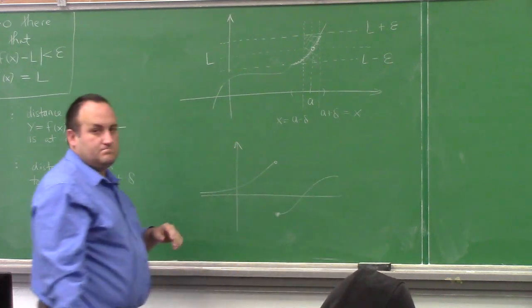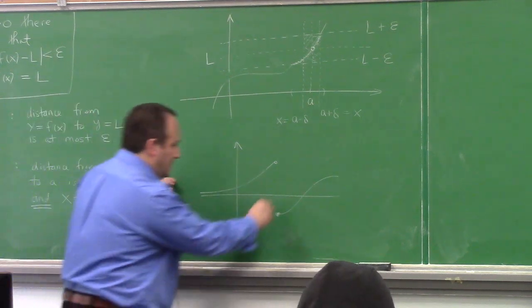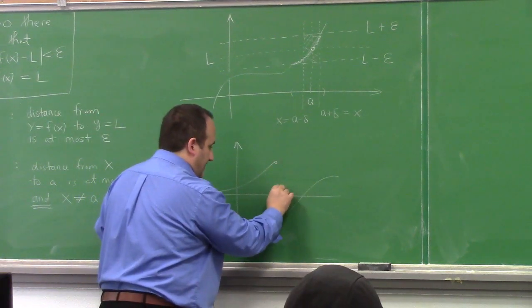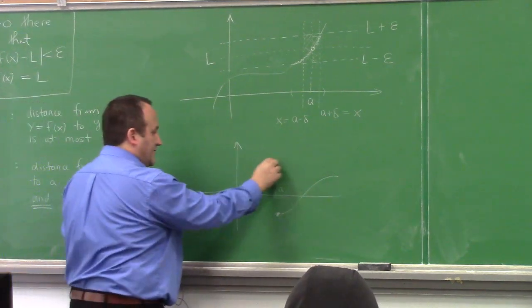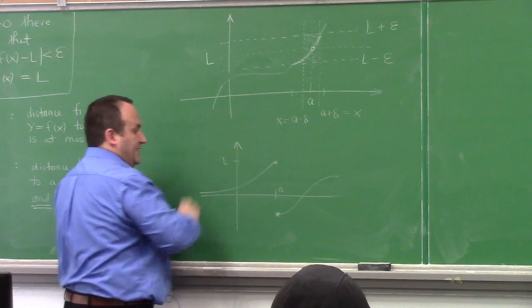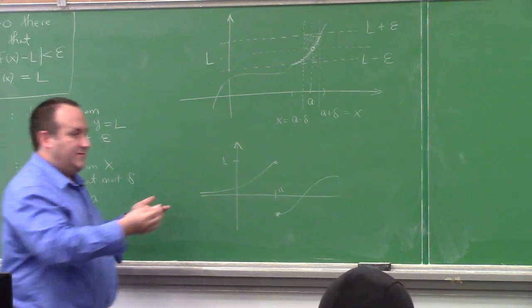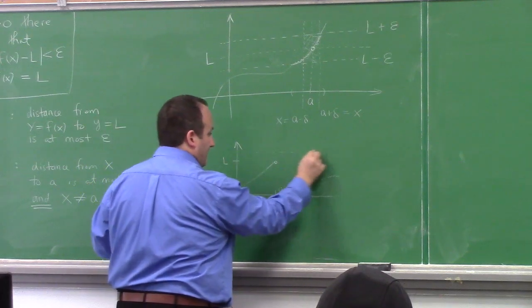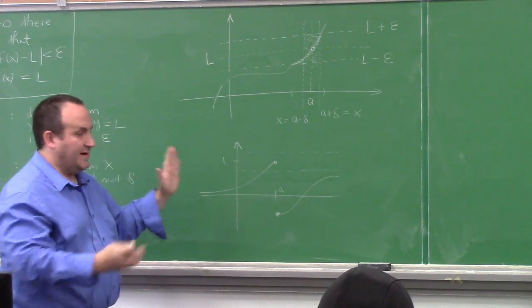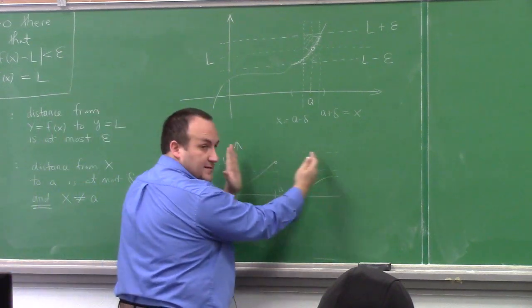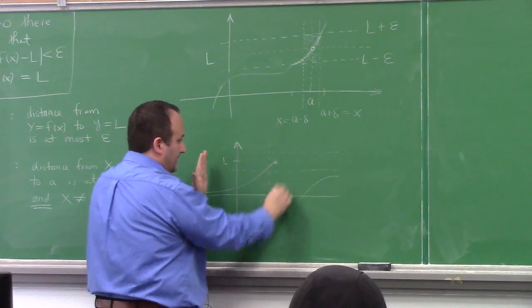If we had a graph that had a jump in it like that, and you tried to make this right here the limiting value, you pick a particular epsilon band, for example this one. It doesn't matter how much you shrink your delta band. No matter how small you make it, what happens?